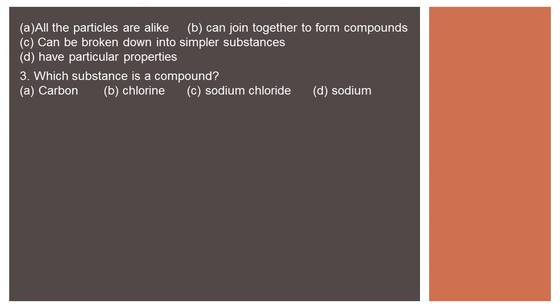Obviously C option is correct, sodium chloride, because it is an ionic compound made up of two elements, sodium and chlorine, and we know the formula NaCl. This is sodium chloride and it is a well known compound. So C option is correct in part number 3.